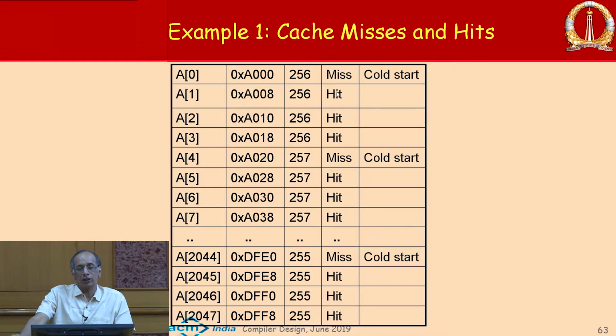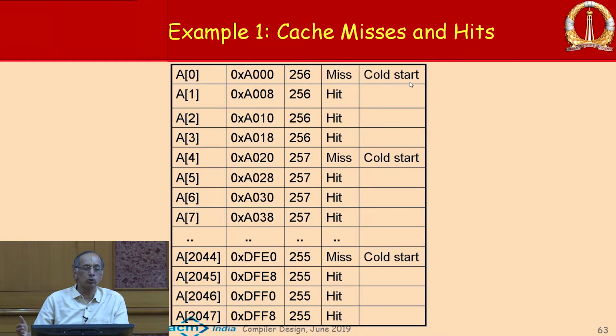So, in this particular case, what is going to happen? Your first access is a miss and subsequent accesses would be hits. So, for every 4 accesses, you have 1 miss. Now supposing you try to access this array repeatedly 10 times, then what would happen in the subsequent accesses? All will be hits, because after the first pass all the data elements are available and the cold misses disappear.